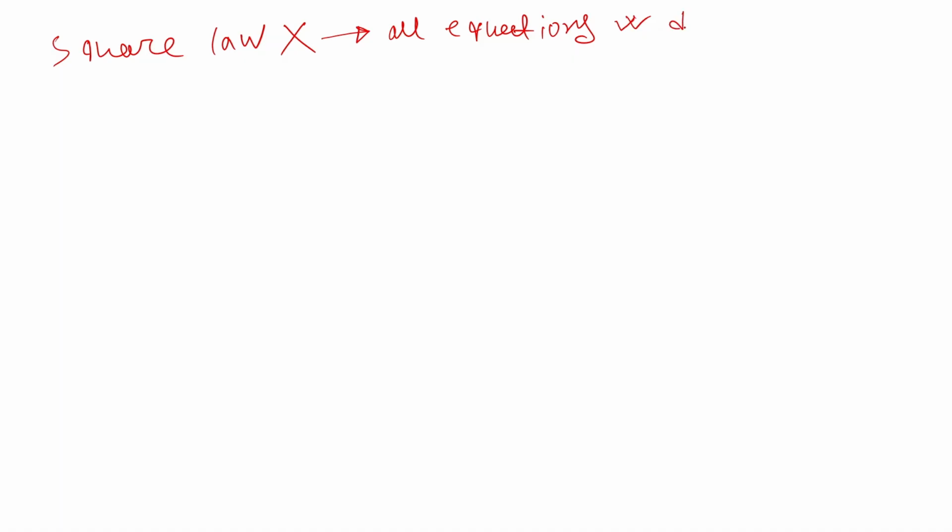GM over ID is one such technique in which we are not using the square law. That means we don't consider those equations, each and everything.